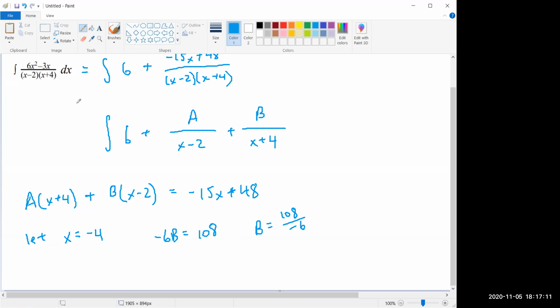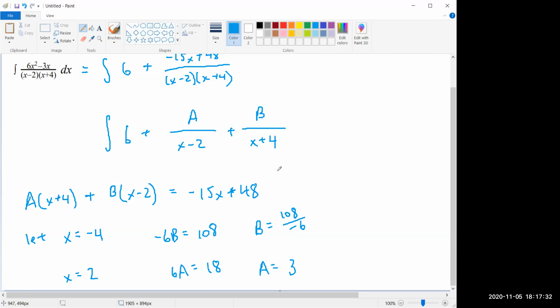Okay, so that's B. And then the other convenient value of x was 2. That gives you 6A equal to negative 30 plus 48, that's 18. So that means A is 3.